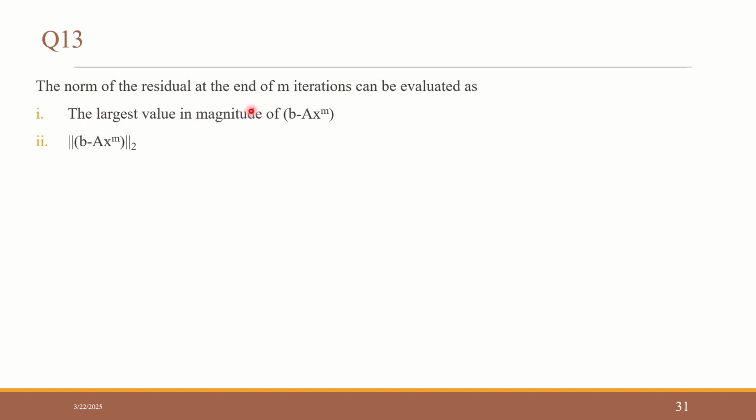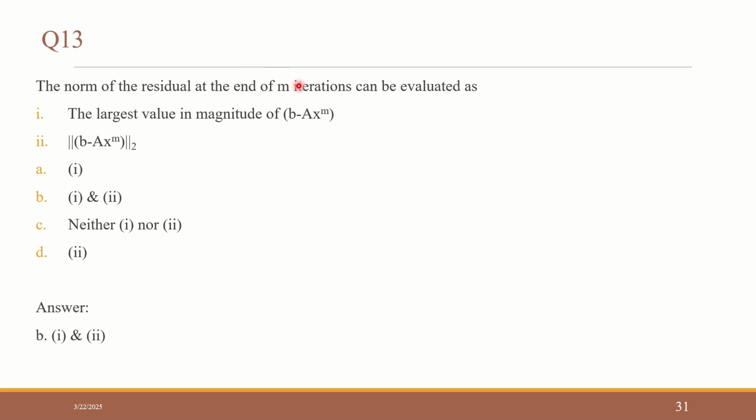Is it the largest value in the magnitude of b minus Ax at m, or the second norm of b minus Ax at m? Actually both ways can be used to evaluate the norm of the residual at the end of m iterations. Option A: 1, option B: 1 and 2, option C: neither 1 nor 2, option D: 2. So the answer is option B, that is, both 1 and 2 is the right answer.